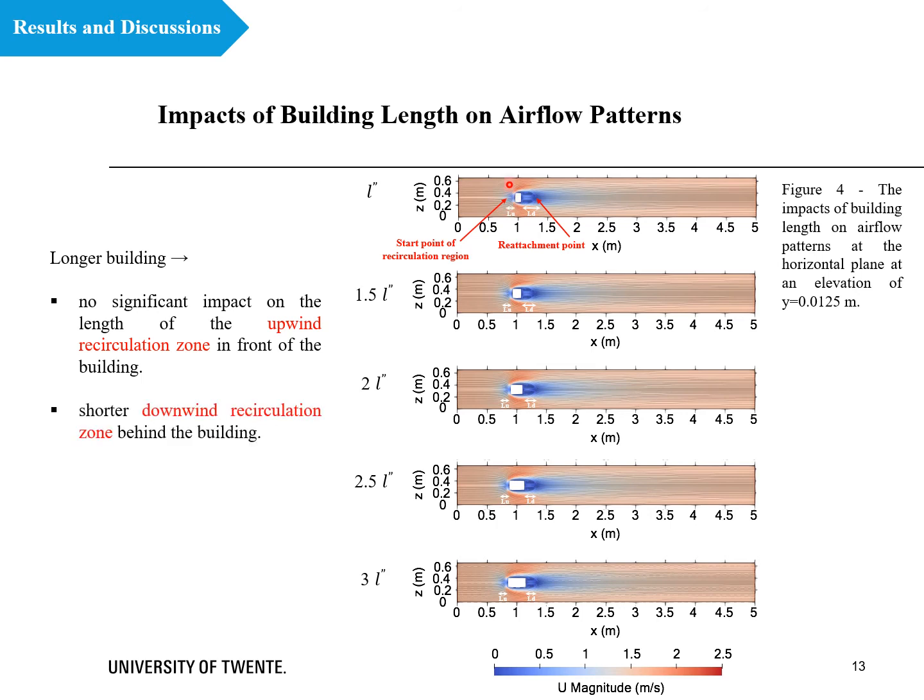However, the longer building creates a shorter downwind recirculation region behind the building, which is defined as LD, or the distance between the reattachment point and the rear face of the building. In addition, the longer building shows no significant impact on the overall length downstream that is influenced by the presence of the building.